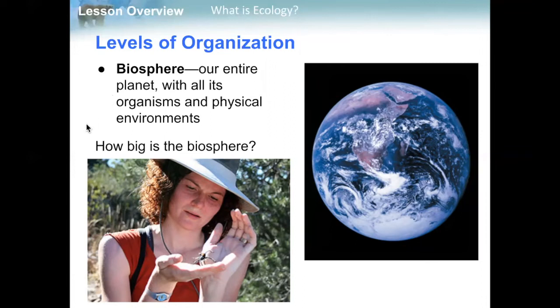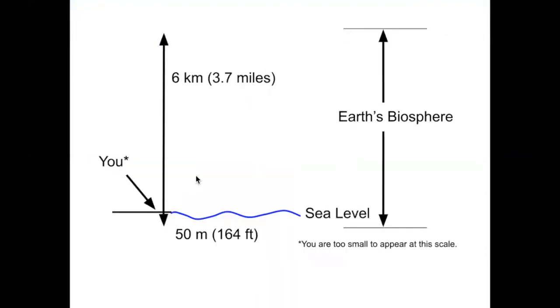So how big is the biosphere? If you're here on Earth, here's your water. So 50 meters down in the water is most of the sea life, and life exists up to 6 kilometers above you from sea level.